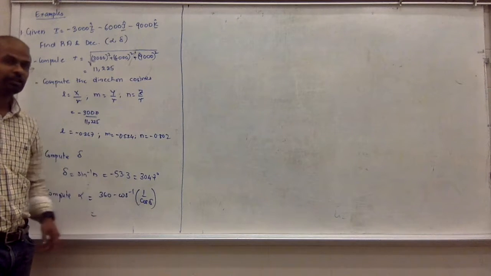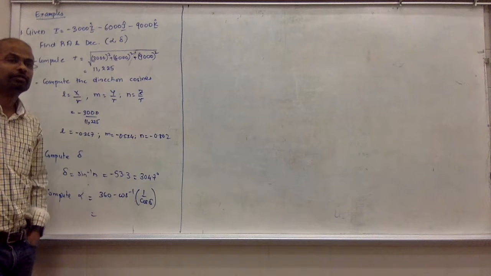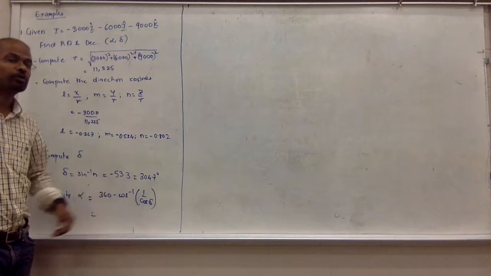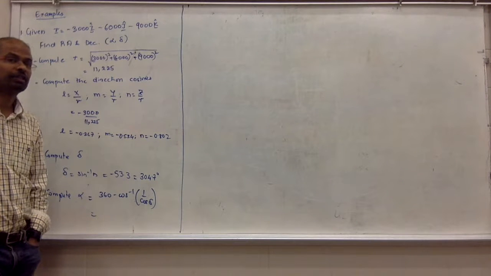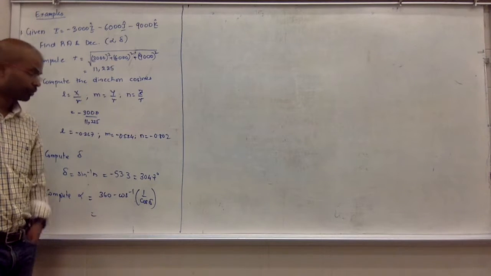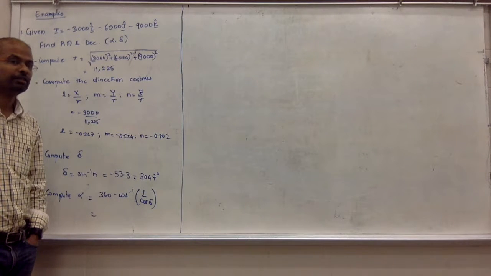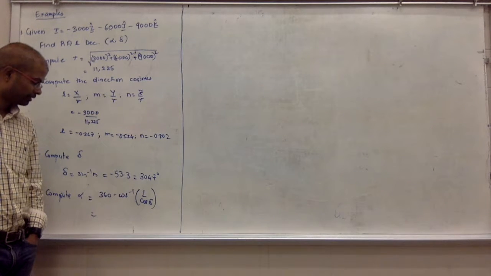Just for cosine delta or one over cosine? 1 over cosine delta, just 1.76. So what is cosine inverse of 1.76? Undefined? It's a domain error.